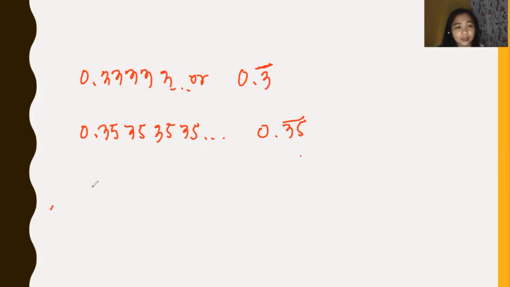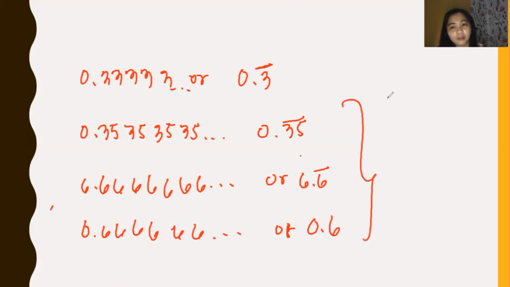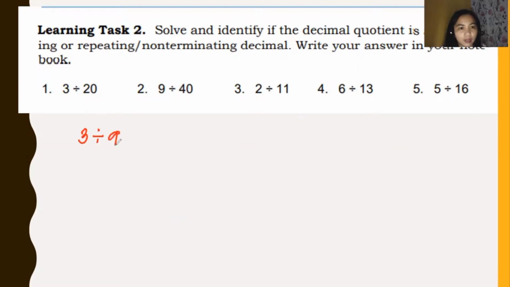Hindi siya natatapos. Or we have another, and so on. Or we have this one. And we can also have, so these are repeating by 9.